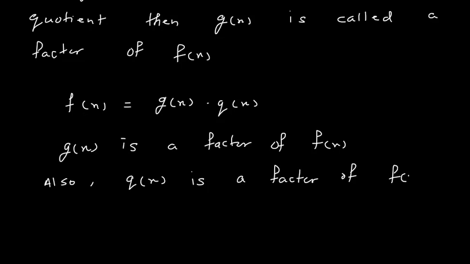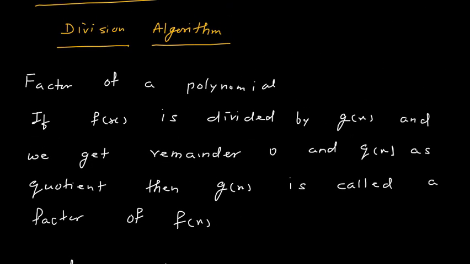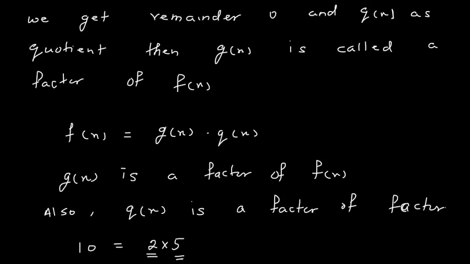Okay, now you can relate this with something like this. If 10 is there and I can write 10 as 2 into 5, then we say that this 2 is a factor of 10 and this 5 is a factor of 10. So it is something like that. So this is your factor of a polynomial. What is a factor of a polynomial? That if you divide a polynomial by some other polynomial and you get 0 remainder, then your divisor polynomial is a factor of the given polynomial.